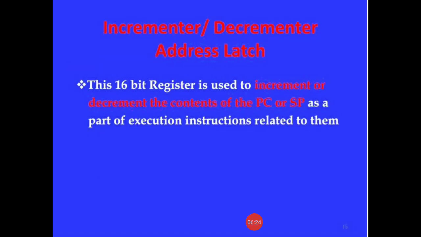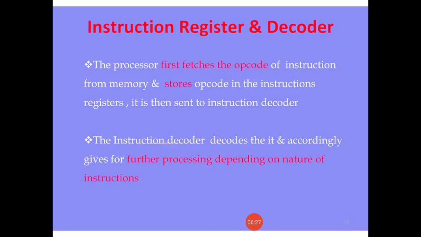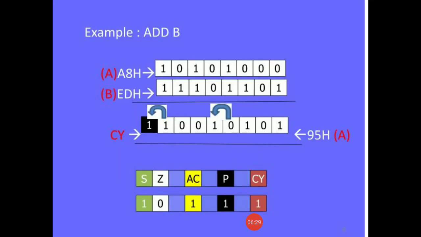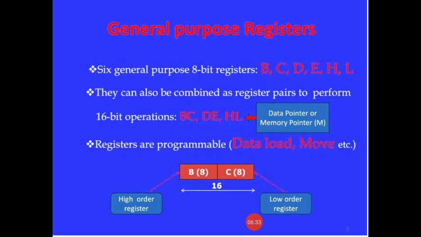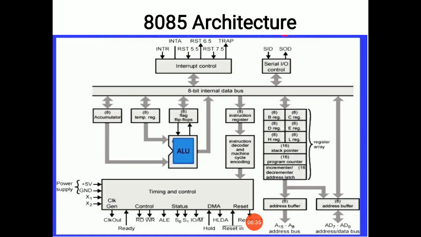Now let's again go back to the architecture, the block diagram, so that you'll get a better idea. Let me explain in brief what I've explained through each and every block. As we know, the memory where the program is stored is located outside the microprocessor.